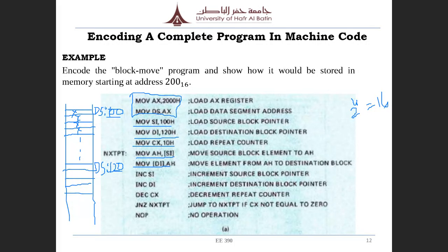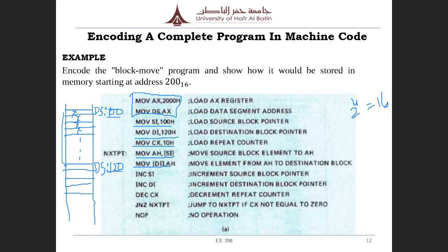Then we take the data one by one, starting with the first one. How do we take it? Move AH comma square bracket SI, and then move square bracket DI comma AH. That means the first data is copied here, then we go to the second one.